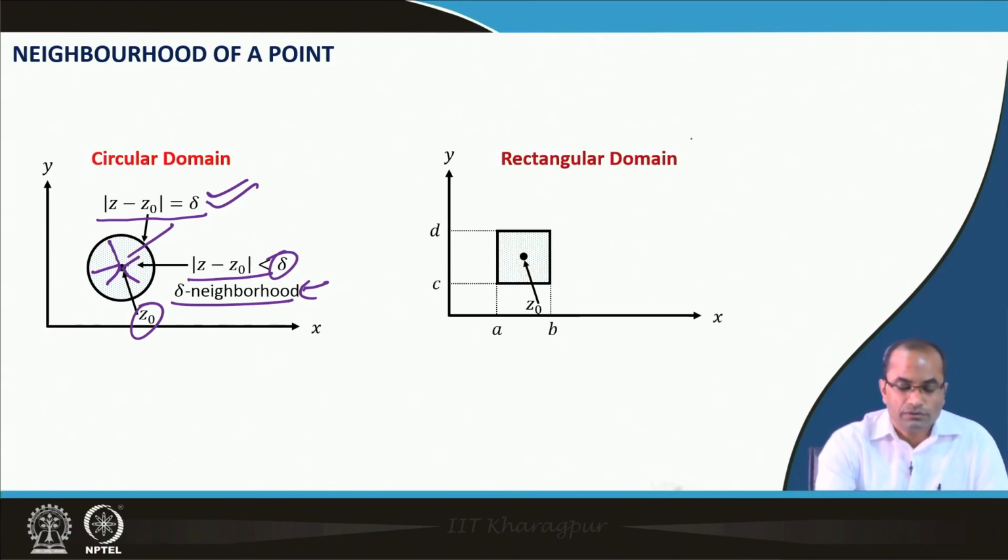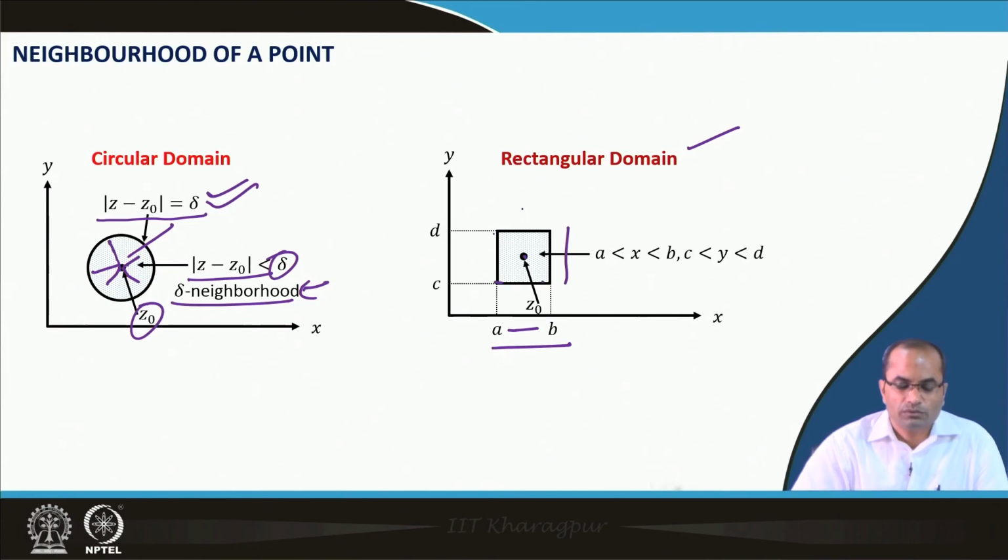Another could be the rectangular domain. For some convenience sometimes we can also think about the rectangular domain. So, this is a rectangular neighborhood of this point z0, with distances b minus a and d minus c. So, around this we have a rectangle with these distances, from a to b and then from c to d.